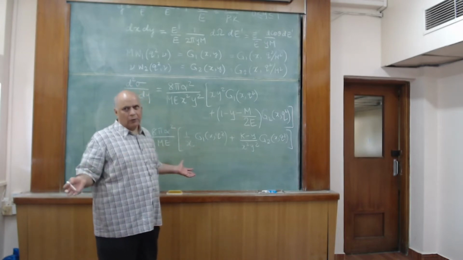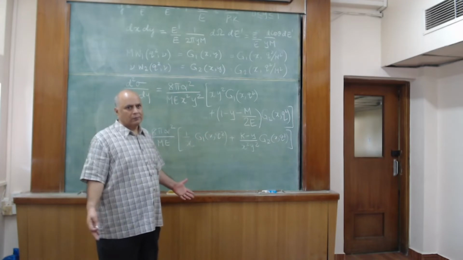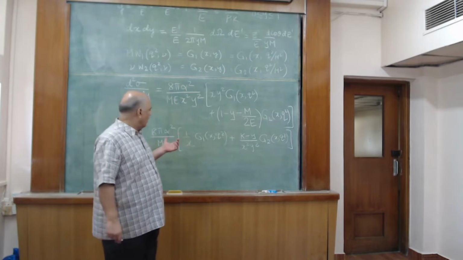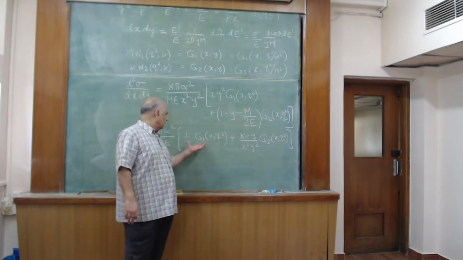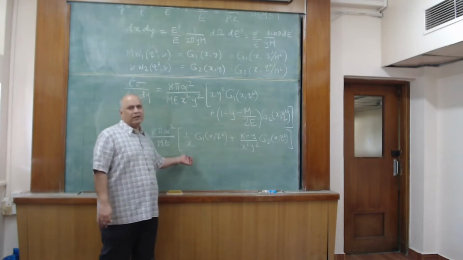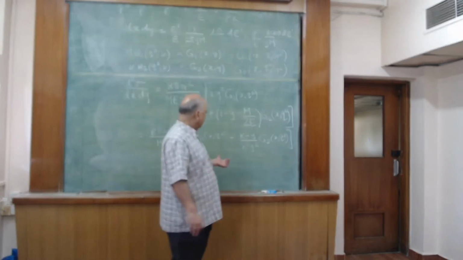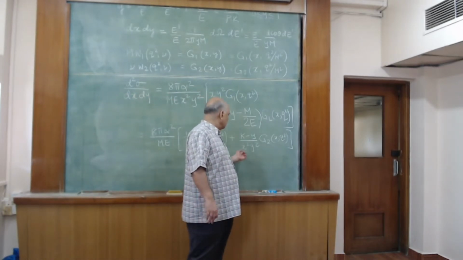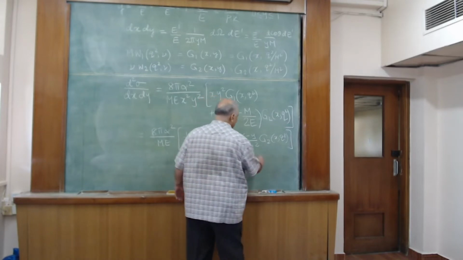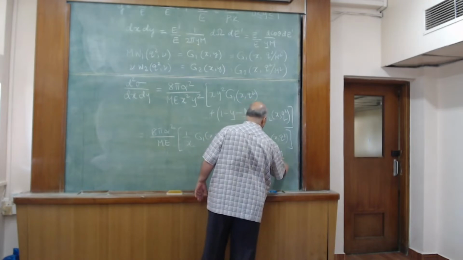First I look at the whole distribution as a function of x and y, and I try to mod out the term which carries a 1 over x dependence, and I will try to mod out a term which carries this dependence, where this k is 1 minus m by 2e.